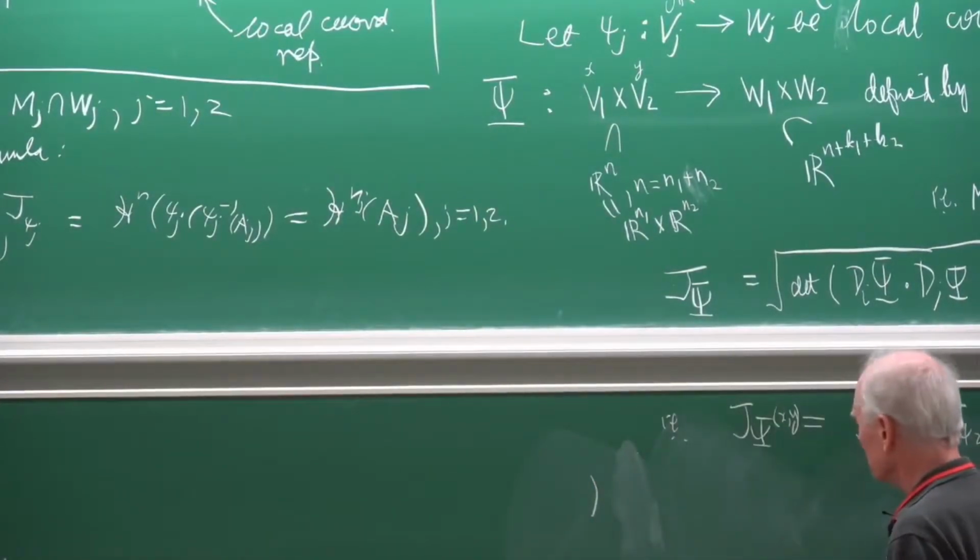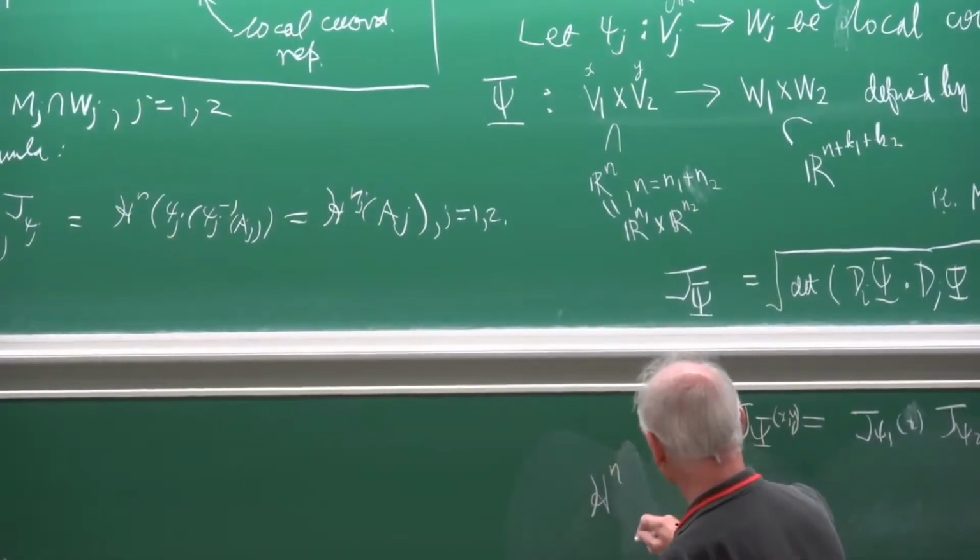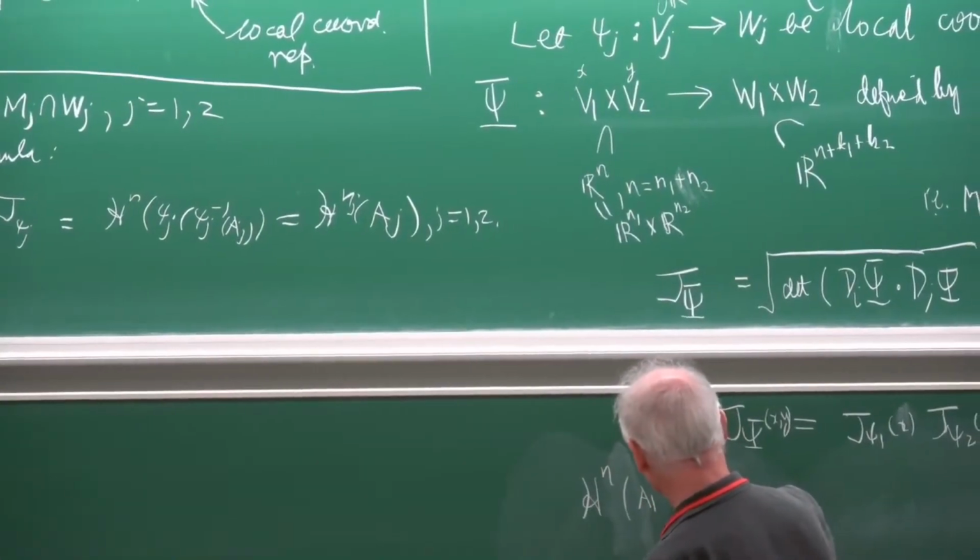We have both of those. Now we want to compute the n-dimensional Hausdorff measure of A1 cross A2.